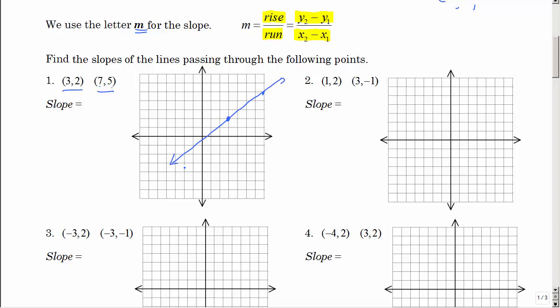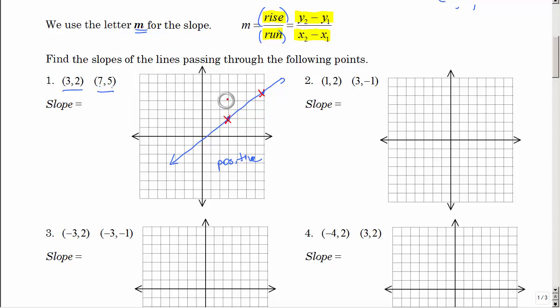There's my line. Now look at that line. Does it have a positive or a negative slope? It has a positive slope, so I know my answer is positive. Now, let's use that rise over run. So start out at 1 point, and we're going to go to the other point. So how would I have to go?